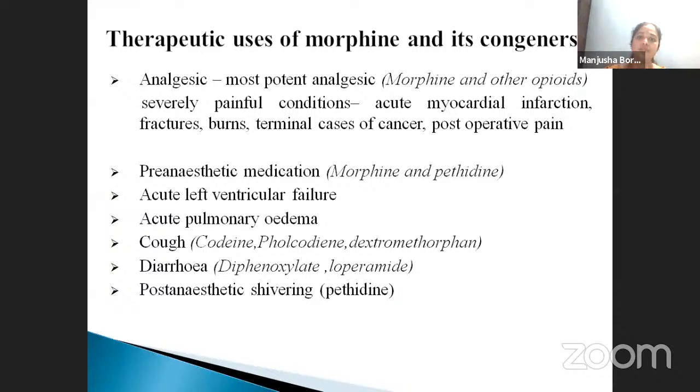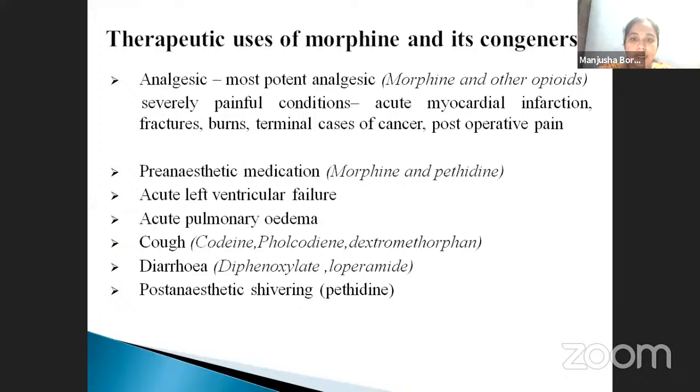Morphine and pethidine are also used as pre-anesthetic medication because of their sedative and anxiolytic effects. Also used in treatment of acute left ventricular failure, where morphine relieves breathlessness associated with acute left ventricular failure and acute pulmonary edema.